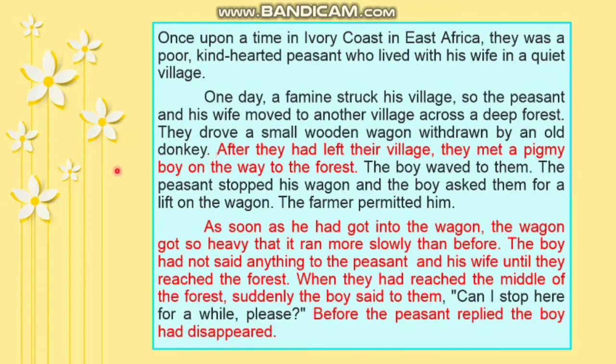Coba kita lihat. Let's see one of the examples in the second paragraph. After they had left their village, they met a pygmy boy on the way to the forest. Oke, dari kalimat ini kita bisa tahu bahwa ada dua kejadian yang disatukan dalam satu kalimat. The first event is they had left their village, and the second is they met a pygmy boy.